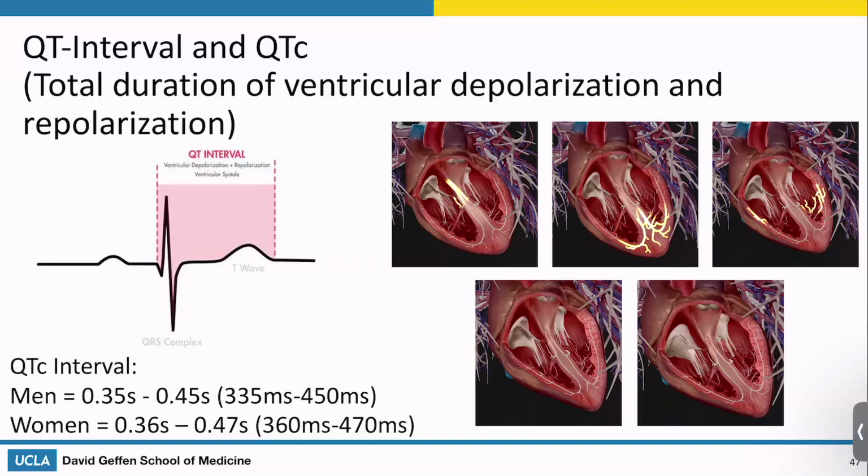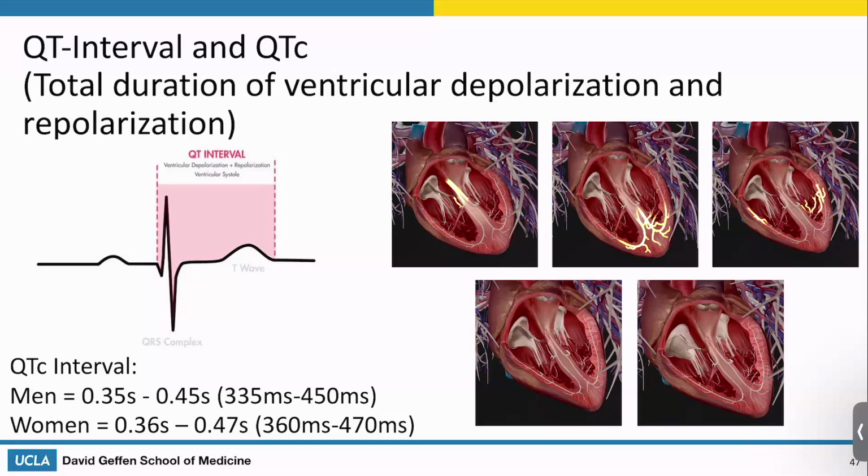So men have a QTC of between 0.35 seconds and 0.45 seconds, or 350 milliseconds to 450 milliseconds, and women have a corrected QT of 0.36 seconds to 0.47 seconds, or 360 milliseconds to 470 milliseconds.